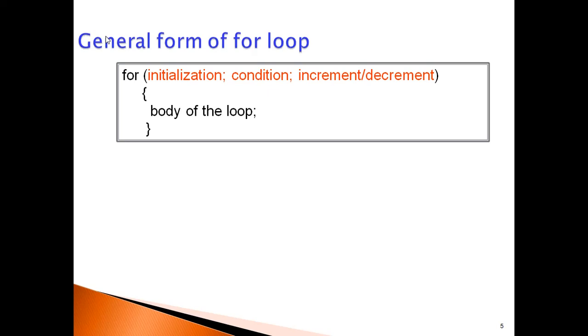We can understand this by observing only the first line of the for loop. This is very easy for the programmer.